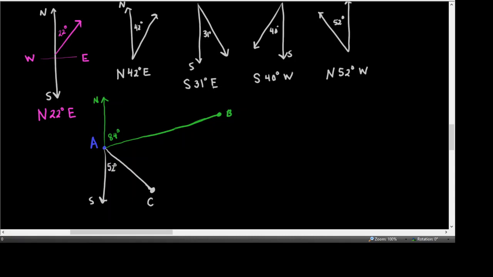Okay, then the bearing from B to C is south 38 degrees west. So I need a southerly line, due south. Going from south, I'm going to move 38 degrees west.